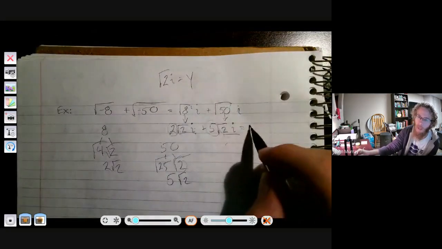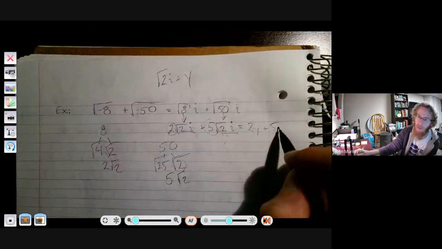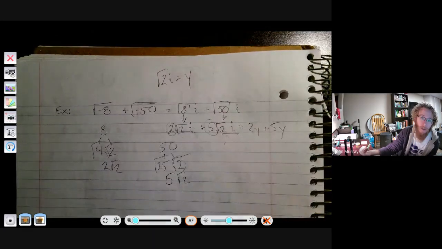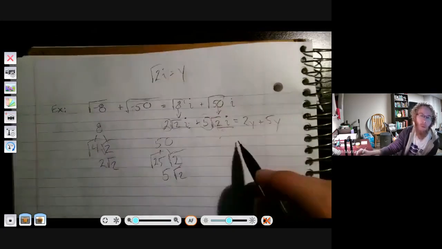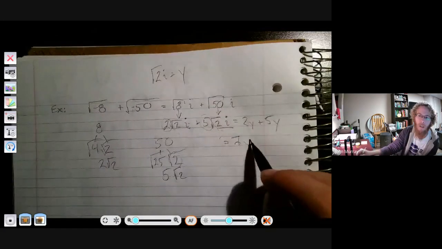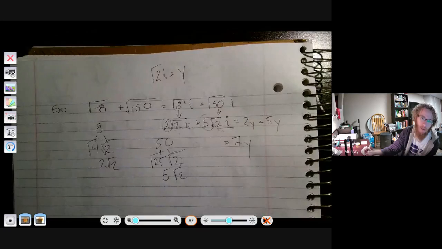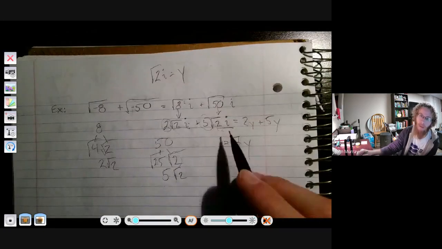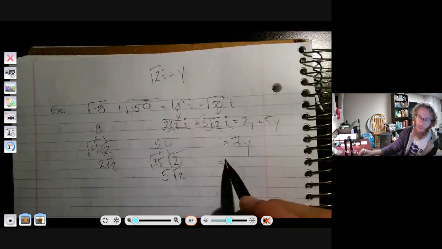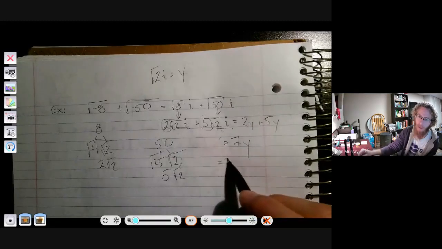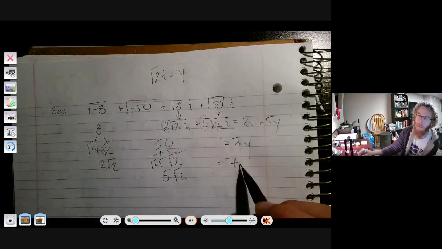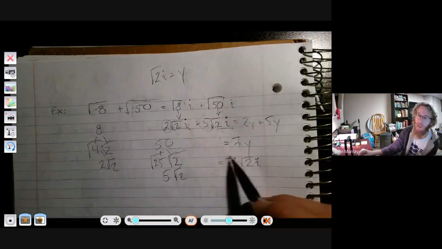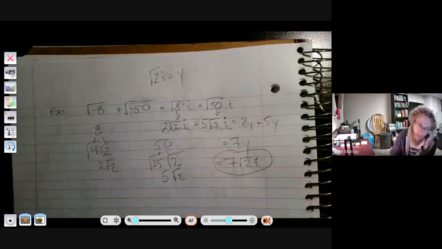So this would rewrite as 2y plus 5y. When you add those together, we don't have y squared, we would just get 7y. Substituting that back in, we have 2 plus 5, that gives me the 7, and then we still have the square root of 2 times i.